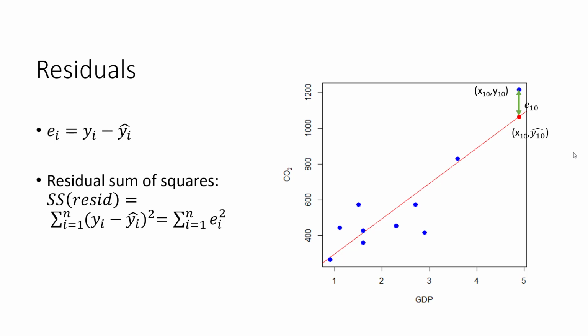To measure the overall distance, we square each residual to get positive values only. If you then sum up these positive values, you get residual sum of squares, shown as SS of residual. In fact, the least squares regression line is defined by minimizing this quantity.